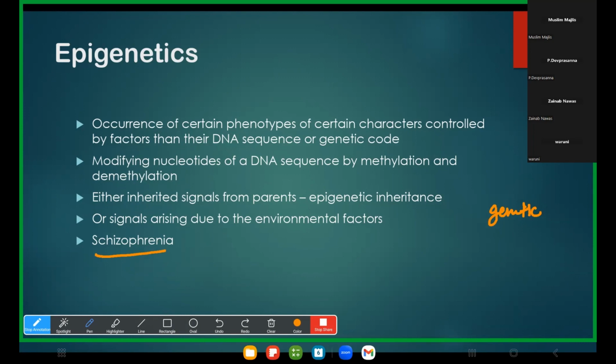So schizophrenia, you might have studied in the other lessons, is a distorted perception of reality where they have imaginary situations, where they imagine a harmful imaginary environment. So this kind of situation occurs only in one twin, even though they are identical twins, only one twin experiences schizophrenia, and that is because of this epigenetic inheritance.